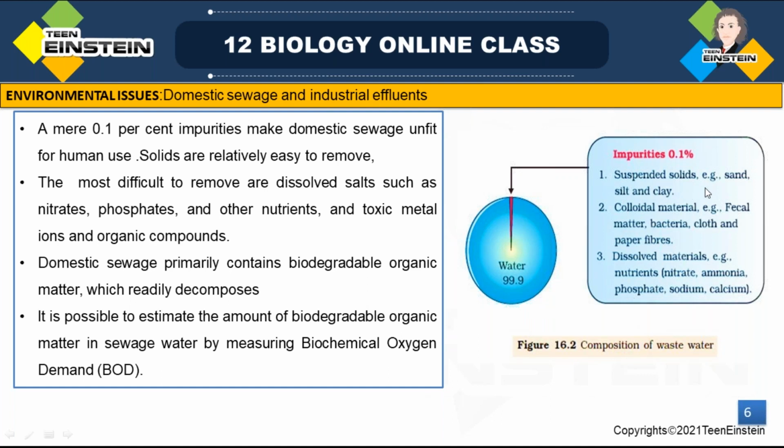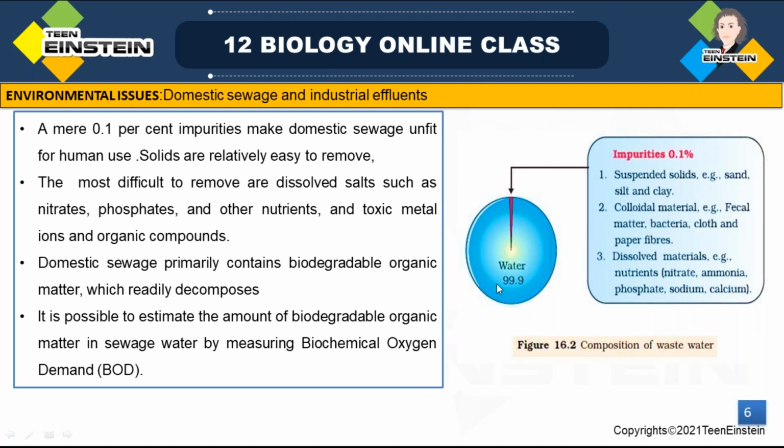Suspended solids like sand, silt and clay, that is suspended solid waste. Then colloidal material like fecal matter, bacteria, cloth and paper fibers. Then dissolved materials like nutrients, ammonia, sodium, calcium, nitrate. So that is the composition of water.